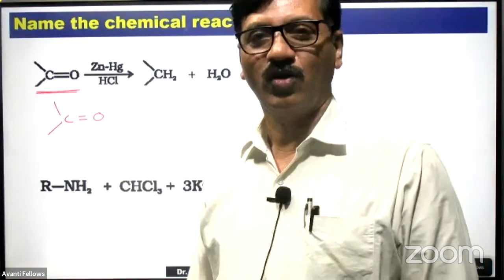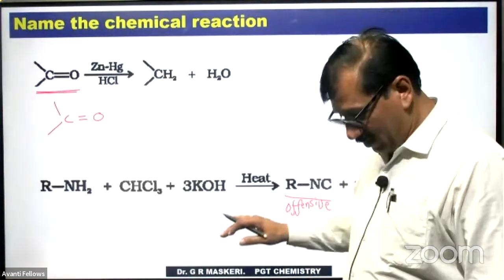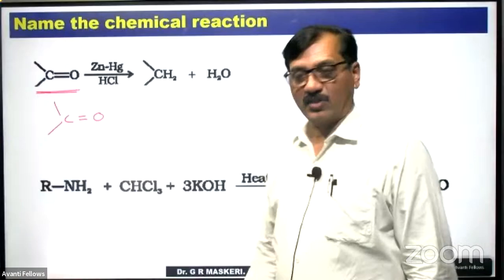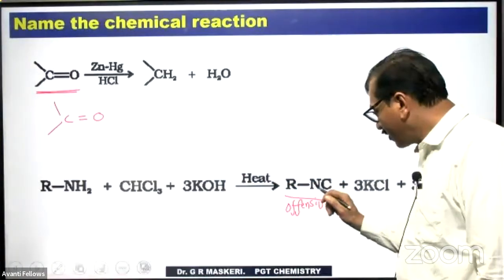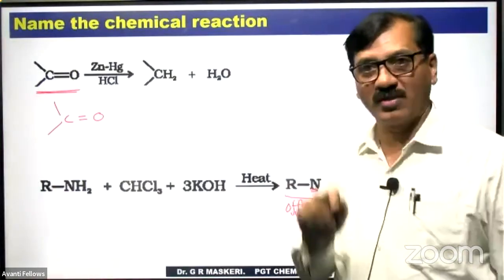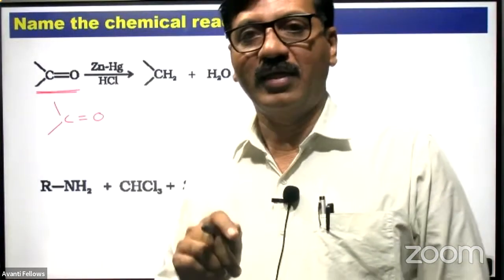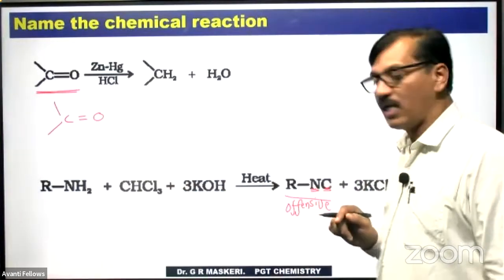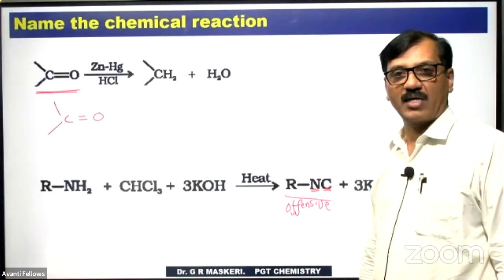That much offensive smell it has. So this is the carbylamine reaction. This itself is called carbylamine. This carbon is attached to NH2. Suppose in NH2 a hydrogen is replaced by carbon, then it becomes carbylamine. So this name itself is the name of the reaction, carbylamine reaction.